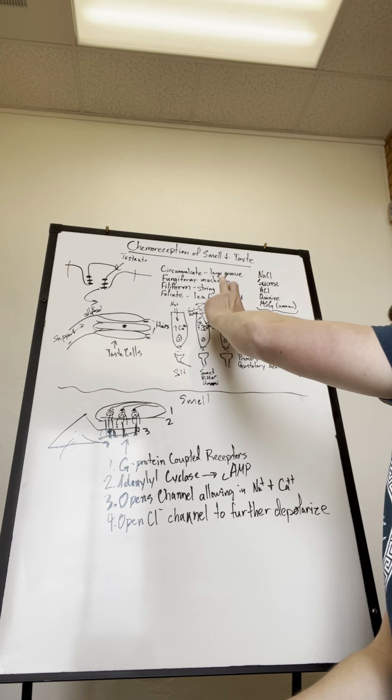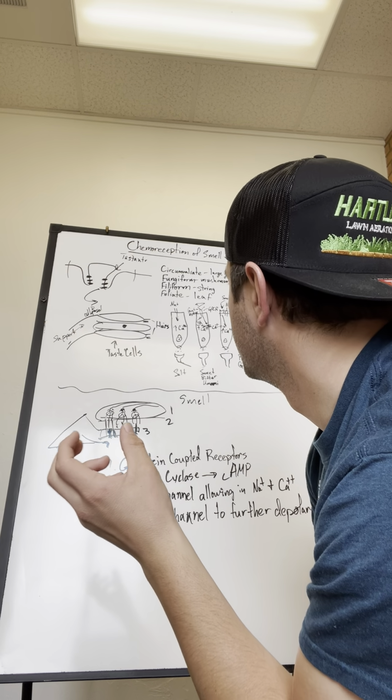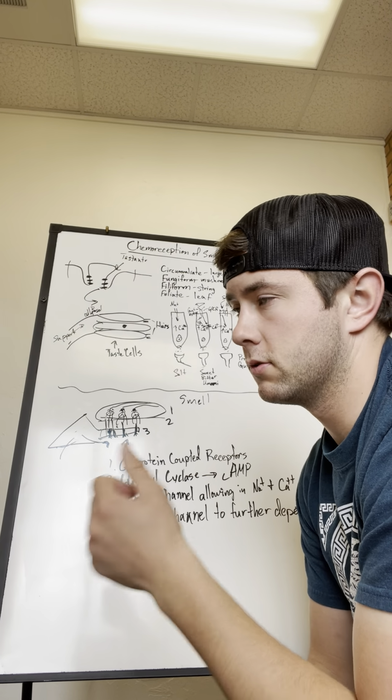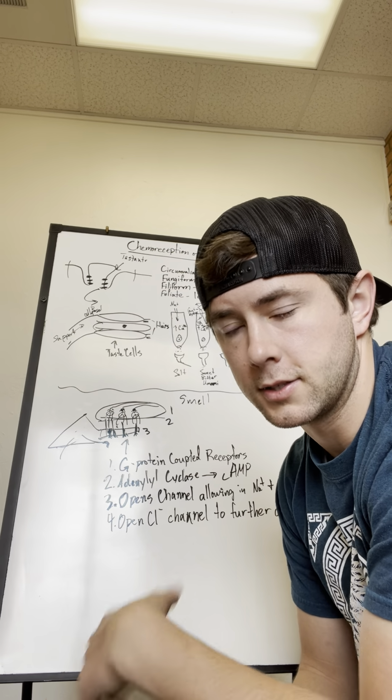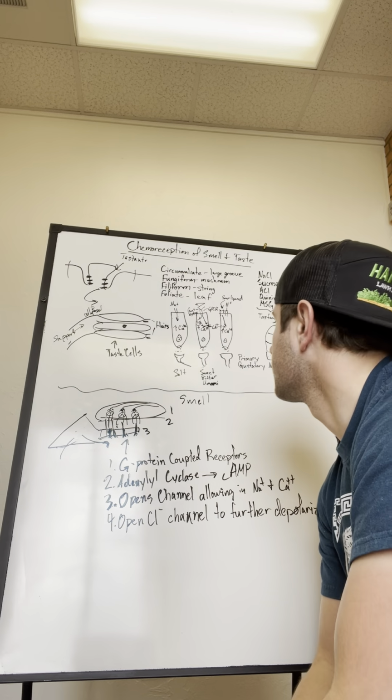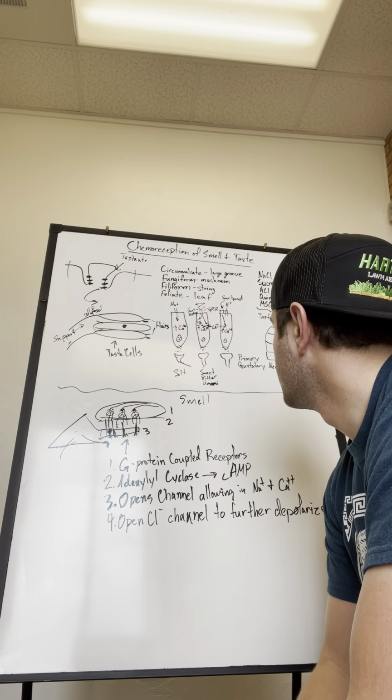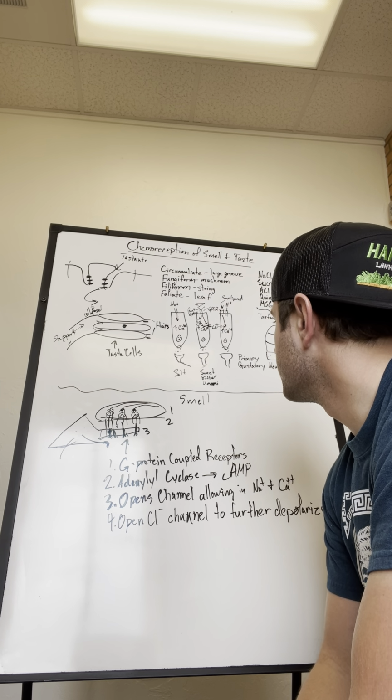You also have ligands that can do that as well. So you have protons that are diffusing across the membrane, as well as ligands that will attach and help it to depolarize, allowing calcium in.